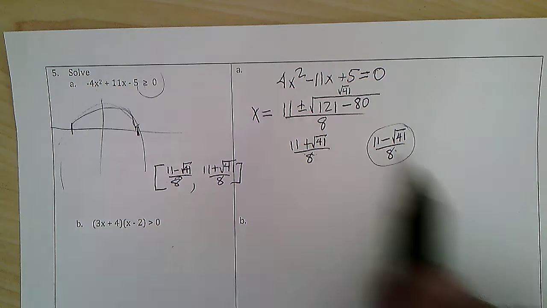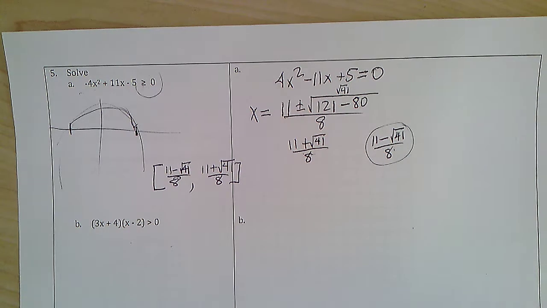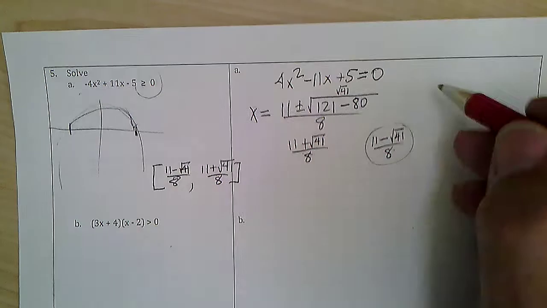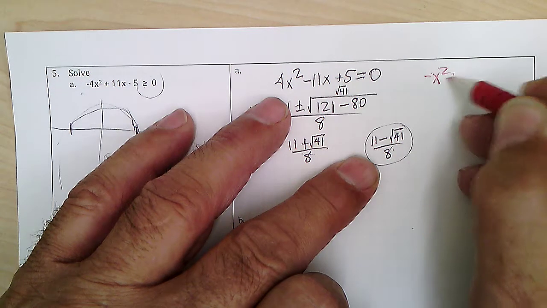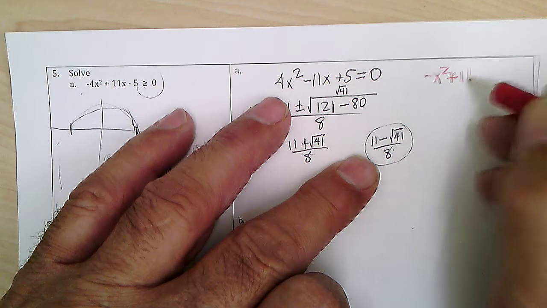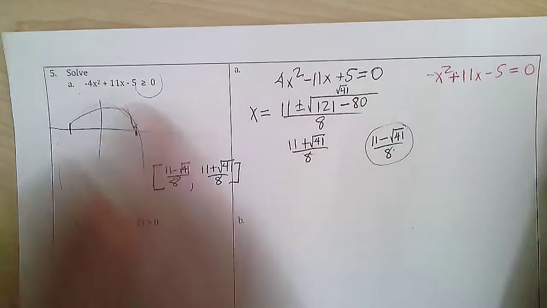Now, some of you left it with the original here, so let me just show you where you may have gone wrong on that. That was negative x squared plus 11x minus 5, and we're setting it equal to 0.